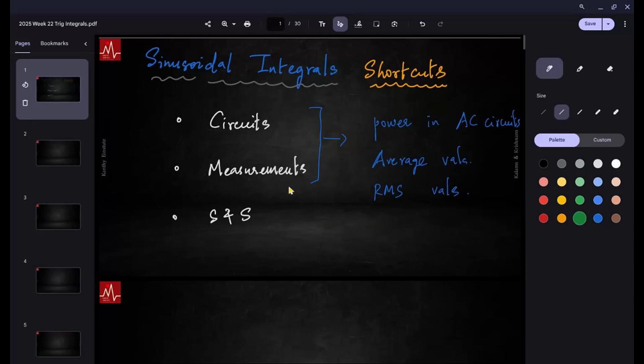And in SNS, this is going to be extremely useful in Fourier series. Again, our objective is to make many aspects of Fourier series one-line, one-line deducible answers. The list goes on and on.